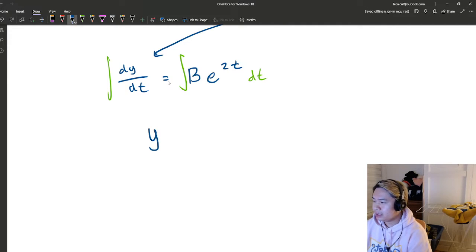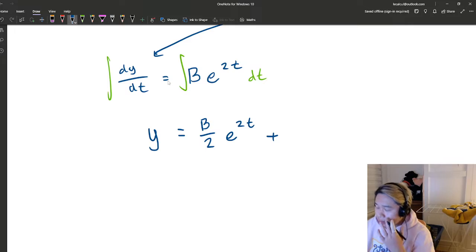So I should get y is equal to whatever this is, b over 2 e to the 2t plus some other constant, c.